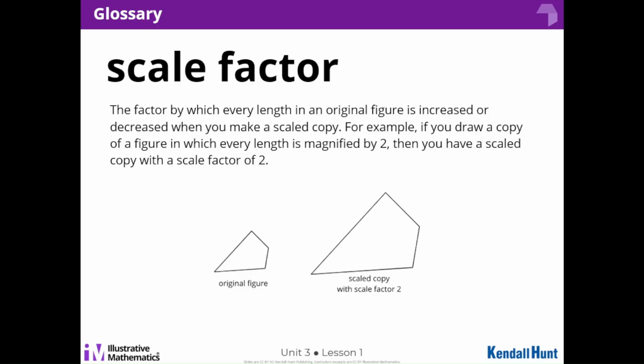So you can see here on the bottom left we have the original figure, and on the bottom right we have the scaled copy with a scale factor of 2. So every line in the shape on the right is 2 times larger than the corresponding line on the original figure.